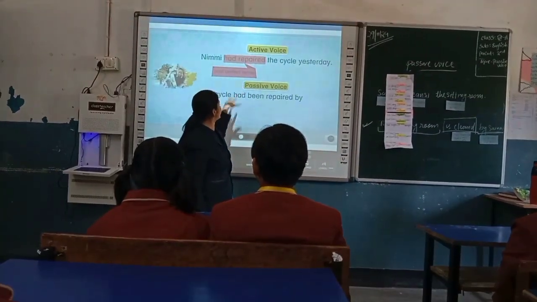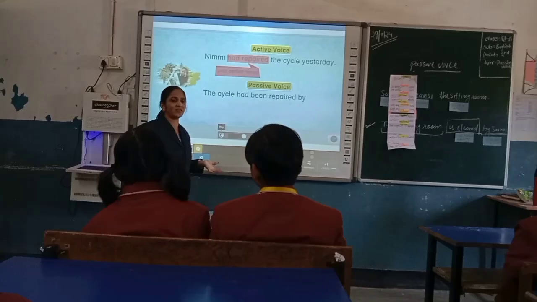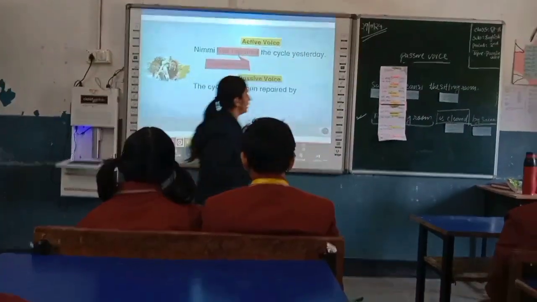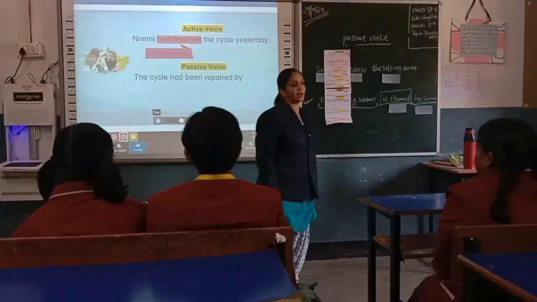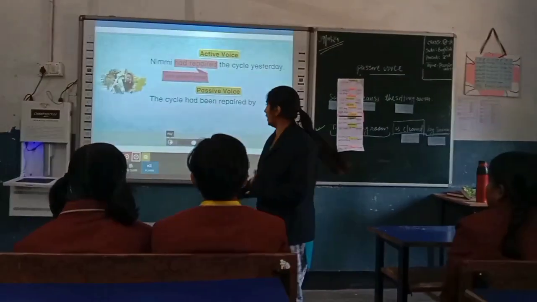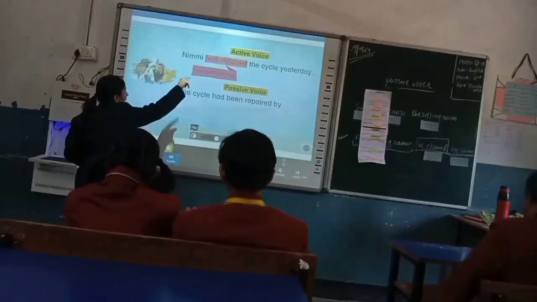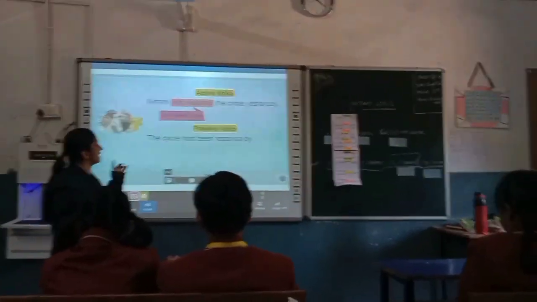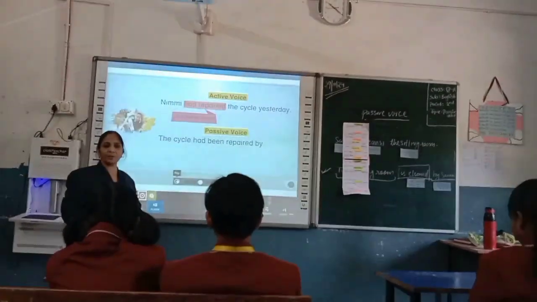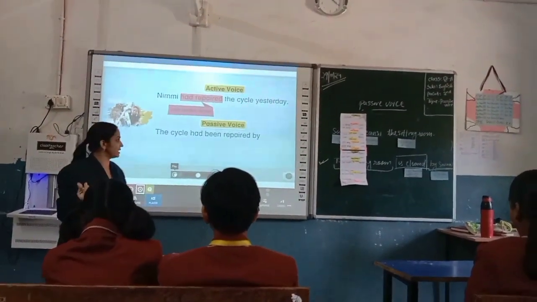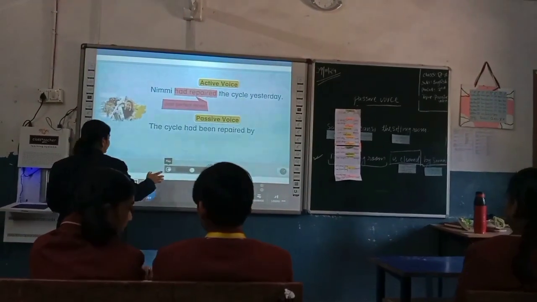When you are changing it into passive voice, it is had been plus B3. And again, your receiver of action comes. Nimi had repaired the cycle yesterday becomes: the cycle had been repaired by Nimi yesterday.